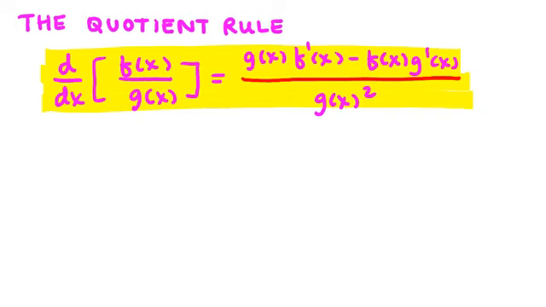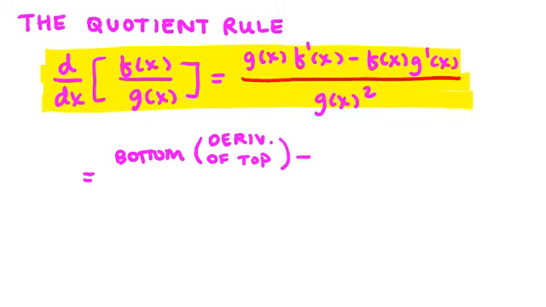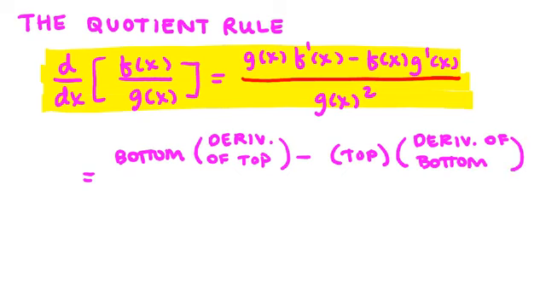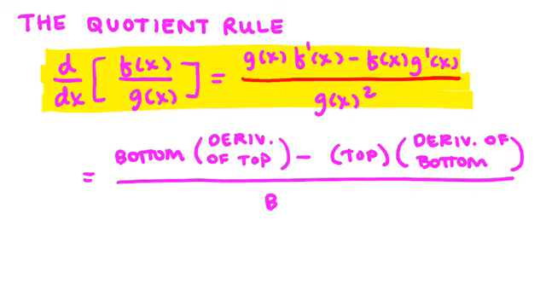Again, you probably need to say it out loud when you're working the homework tonight or tomorrow night, whatever. But I'm going to write it again. This is equal to the bottom times the derivative of the top, minus the top times the derivative of the bottom, divided by the bottom squared.